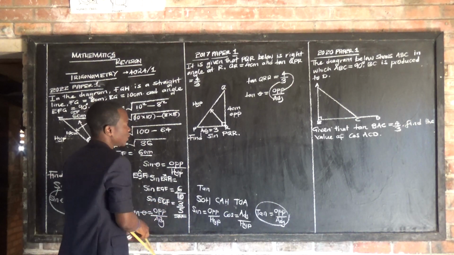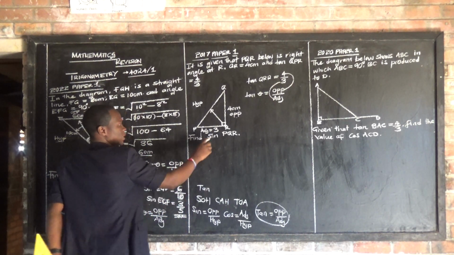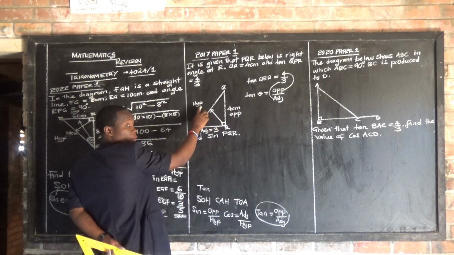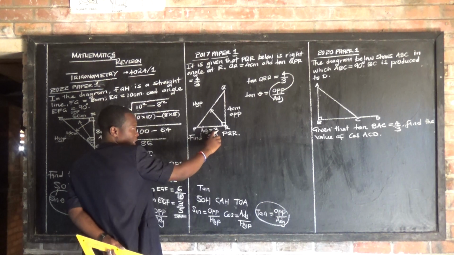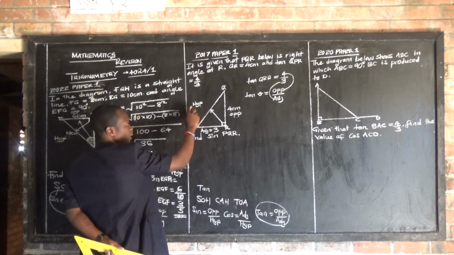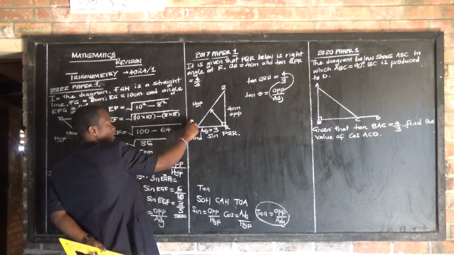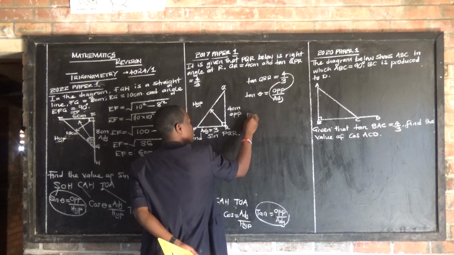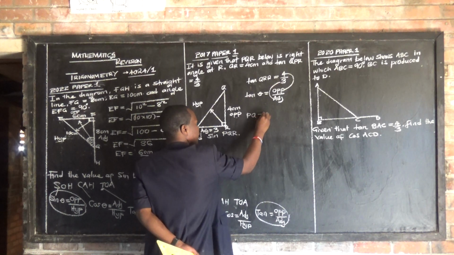Now, let us proceed. Let us find the hypotenuse. So if this is 3 and this is 4, this one is 5. So now let me show you where I'm getting this 5 from. Let's find PQ. You can use Pythagoras theorem.